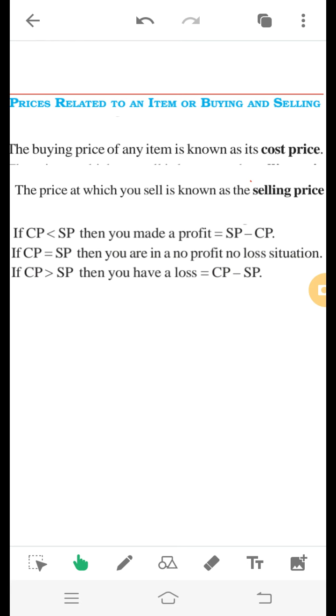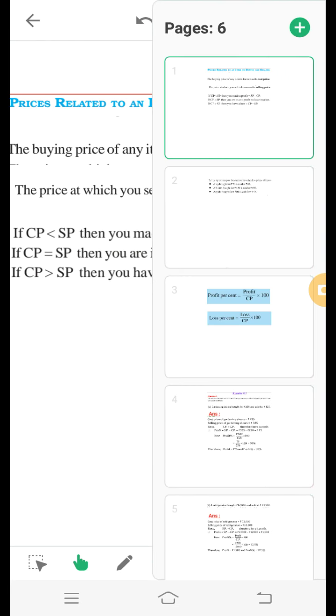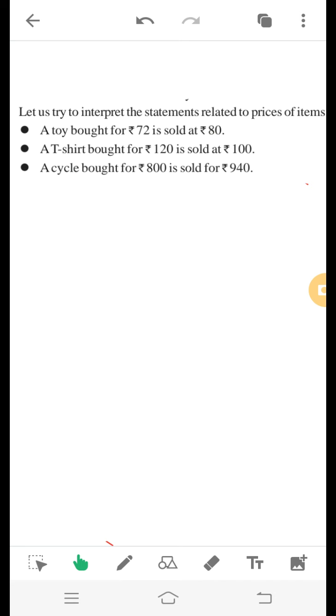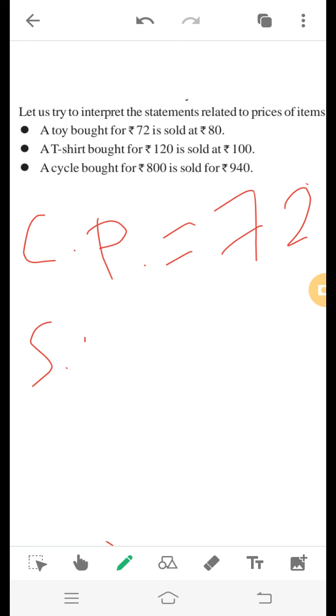Let us understand with some examples. A toy bought for rupees 72 is sold at rupees 80. Bought for rupees 72 means here cost price is equal to 72. Sold at rupees 80 means selling price is equal to 80 rupees.